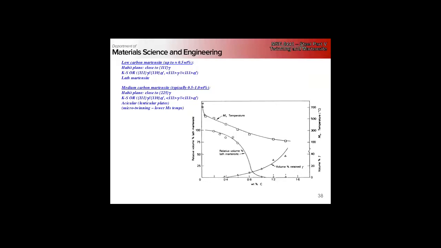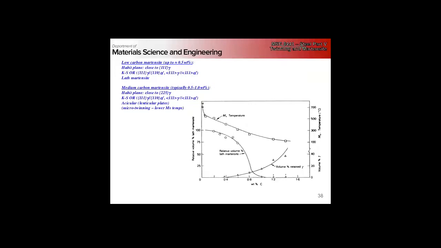As we move into medium carbon, our habit plane changes. Now we're close to 225 for the habit plane, in this regime here. We still have a Kurdyumov-Sachs-like orientation relationship.